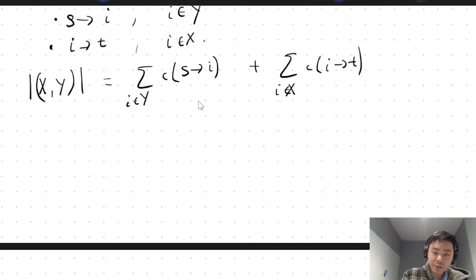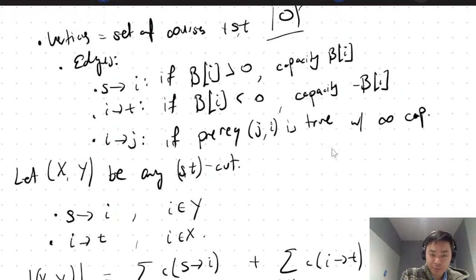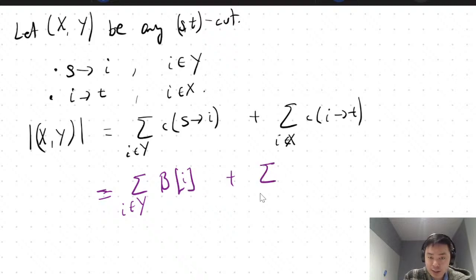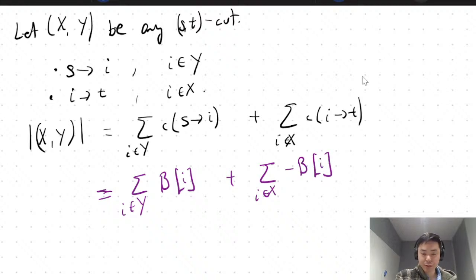Well, the edges from S to I have capacity B of I, where B of I is positive. So that's going to be the sum over I in Y of B of I, plus the sum over all courses in X with negative B of I. That's just by definition of my capacities.